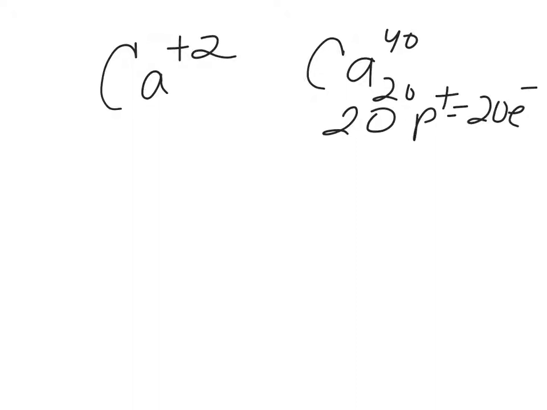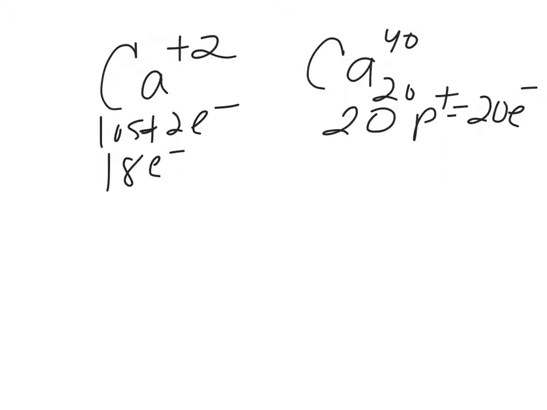And now if we're talking about our ion form of calcium, if it has a charge of +2, we've lost 2 electrons, which means now we only have 18 electrons left in our calcium ion. But we want to make sure on our Lewis dot symbol, we're only showing the valence electrons.